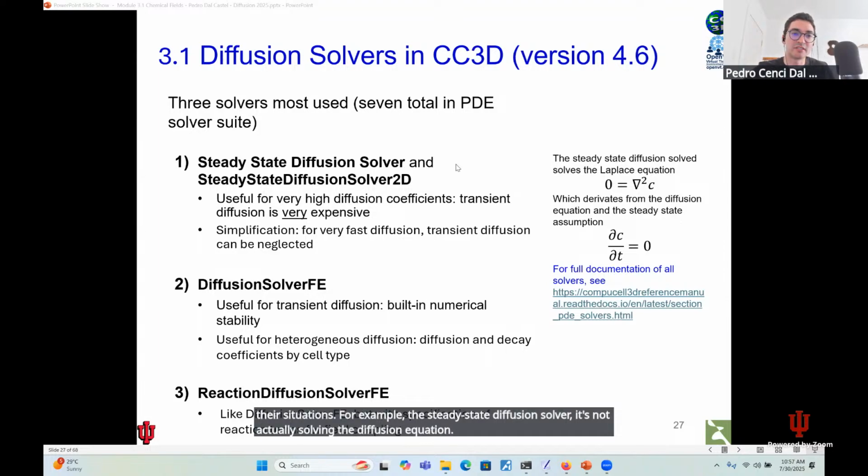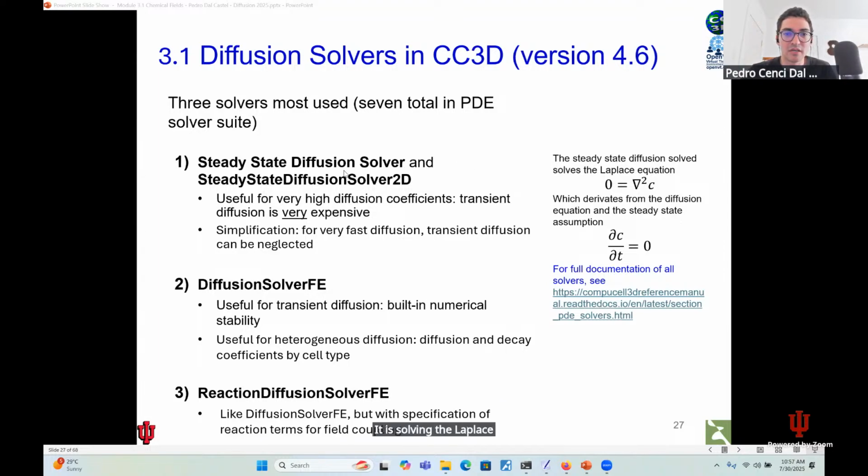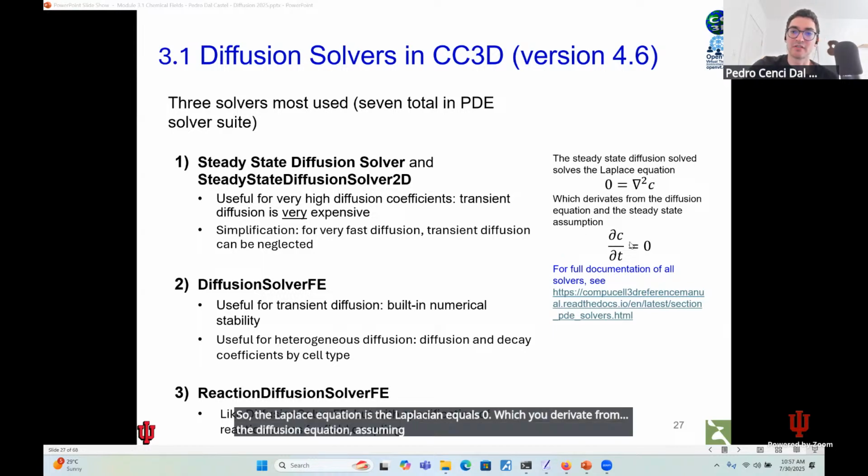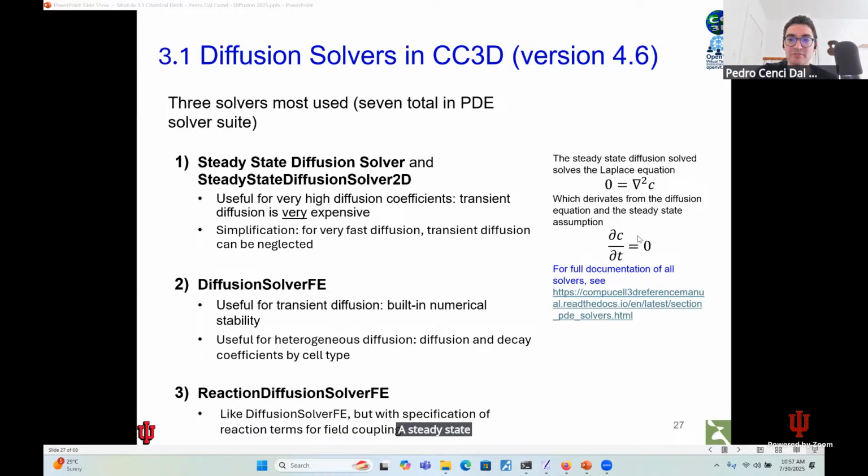It is solving the Laplace equation, which is this one on the right. So the Laplace equation is the Laplacian equals 0, which you derive from the diffusion equation assuming steady state. A steady state, again, is the time derivative of the concentration equals 0.